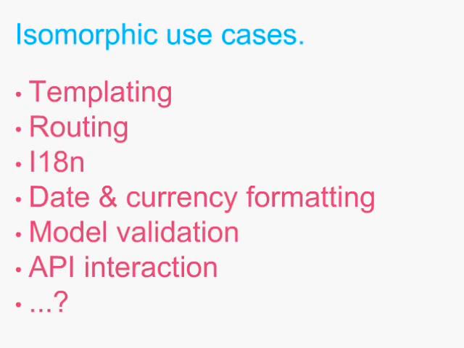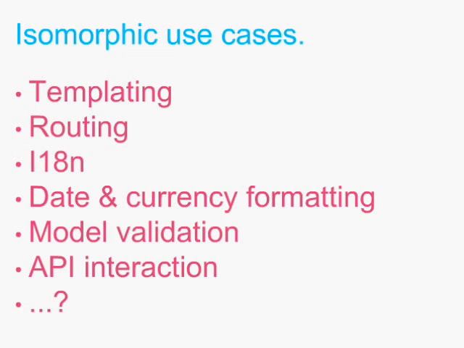And API interaction, something like accessing some particular API, sending requests. It would be useful sometimes to be able to use that in the same way on the client or on the server. And then finally, anything else you can imagine, right? It really depends on your particular use case, on your app. What would make sense to be used both on the client and on the server?